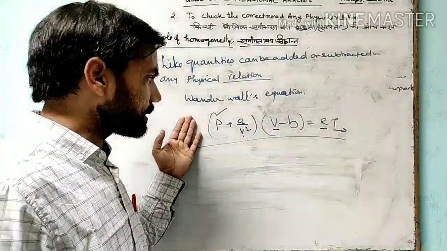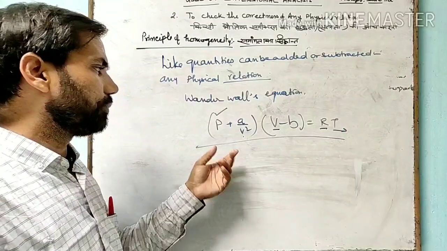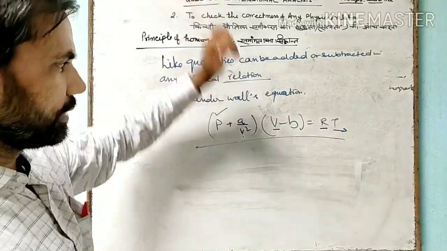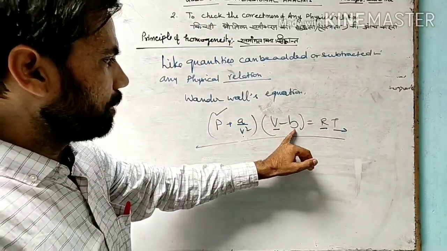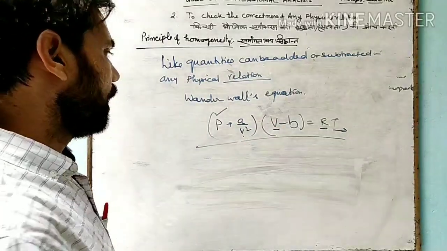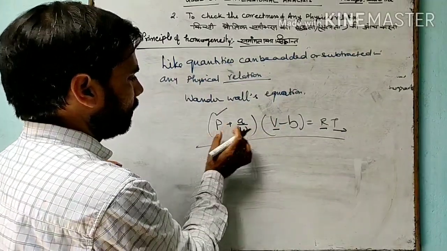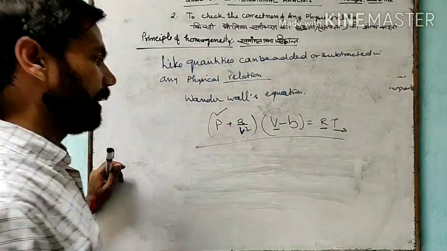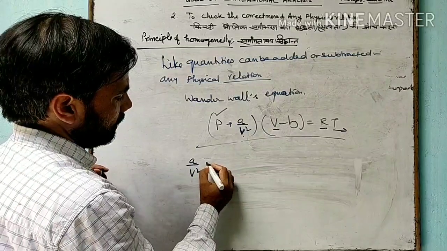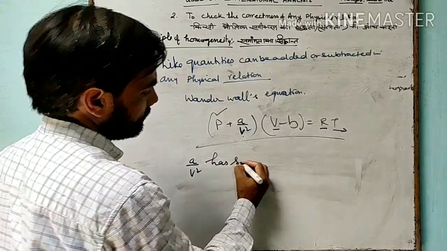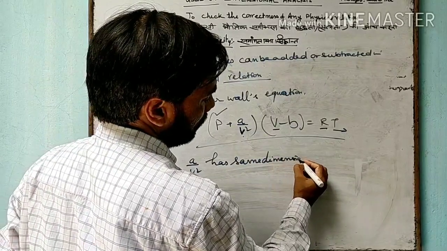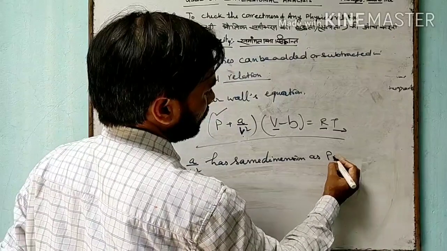From seeing this equation, one can say that here small b is subtracted from capital V, and A upon V square is added with P. So here one can say that A upon V square has the same dimension as P, that is pressure.